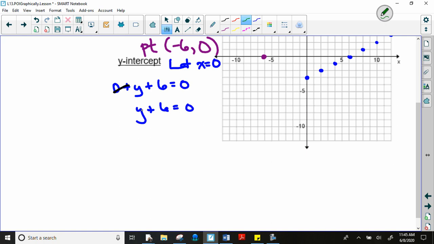Isolate for y, so we have to undo everything else. Undo a positive 6 by subtracting it. And then we get -6 as our other point. So this is our y-intercept. X is 0. Y is -6.